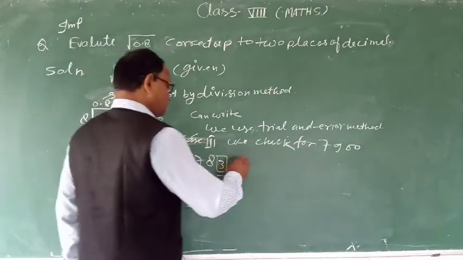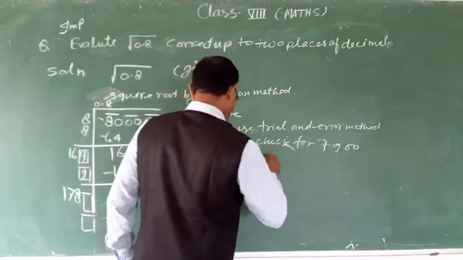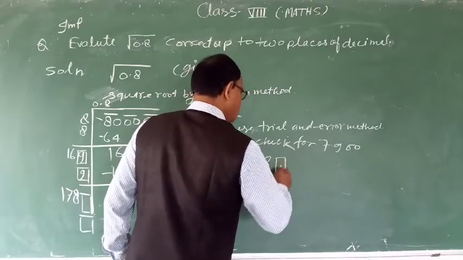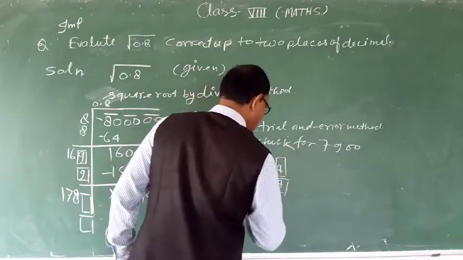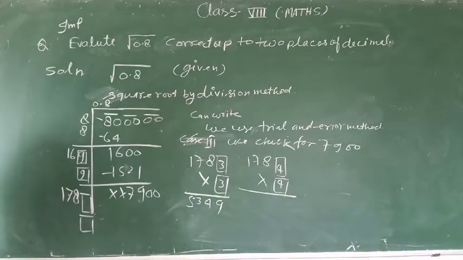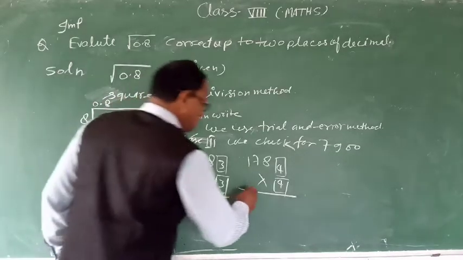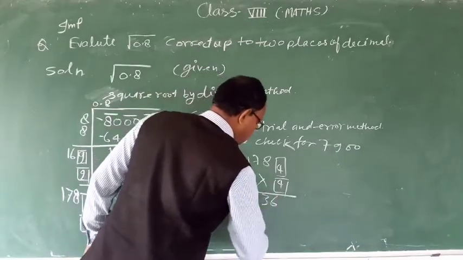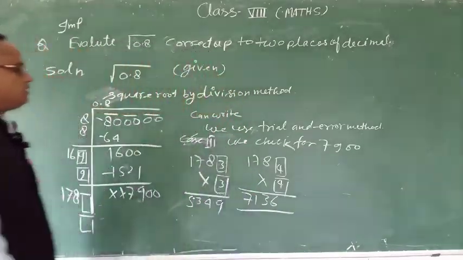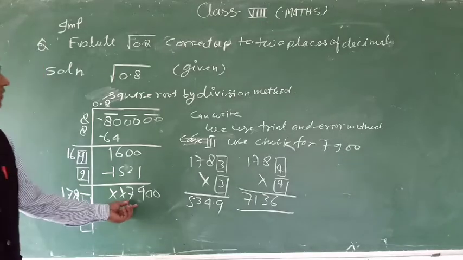After this 178 make box here 4 square. Then we get 7136.